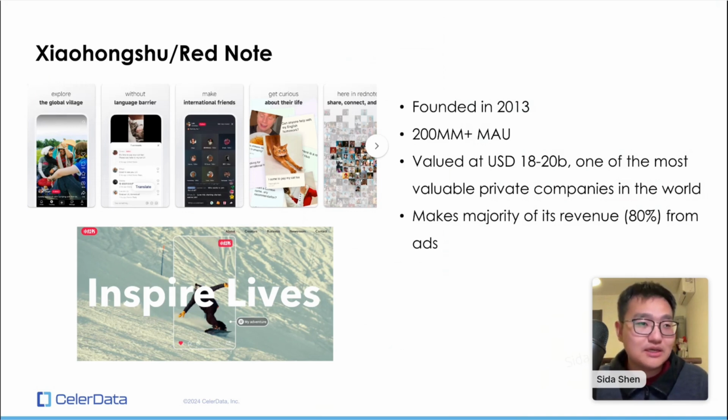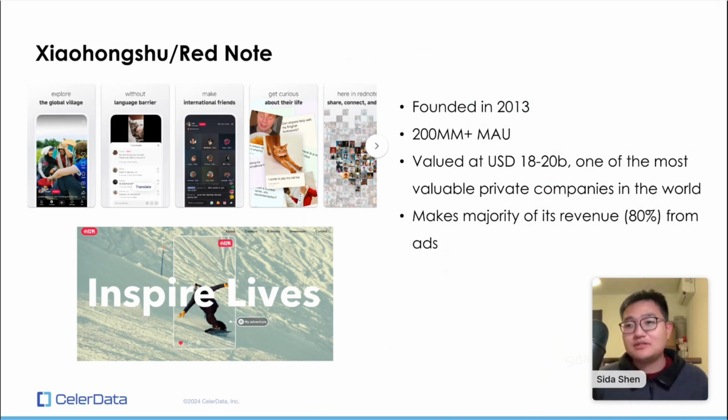It was actually the top free app on the Apple Store for a significant amount of time, right? It's actually a social platform that was already pretty big, really big in the Mandarin, the Chinese speaking community, and it was founded in 2013. It has 200 million plus monthly active users.